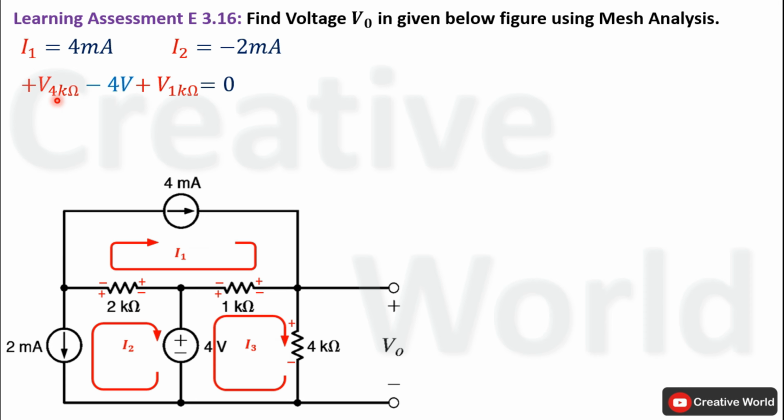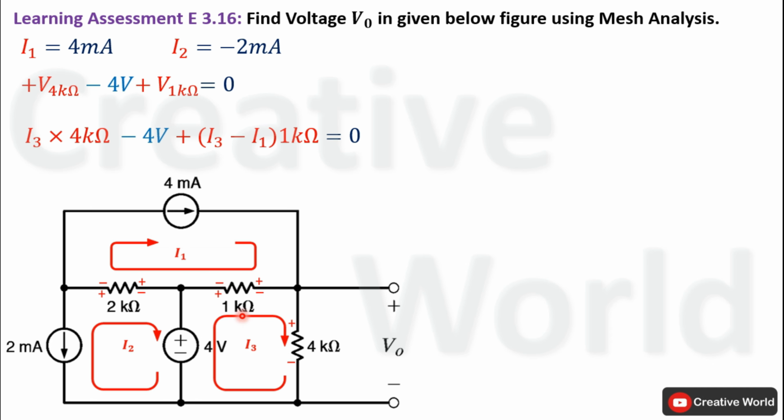Now replace these two variables with their respective equations. Voltage across 4 kilo ohm resistance will be equal to the product of current I3 through it and the value of resistance, 4 kilo ohm. Similarly, voltage across 1 kilo ohm resistance will be equal to the current through this 1 kilo ohm resistance. Now in this case, two currents are passing through this 1 kilo ohm resistance. One is I3 and the other one is I1.